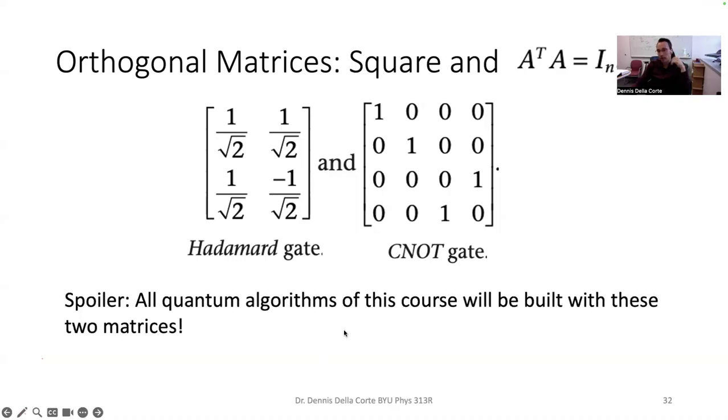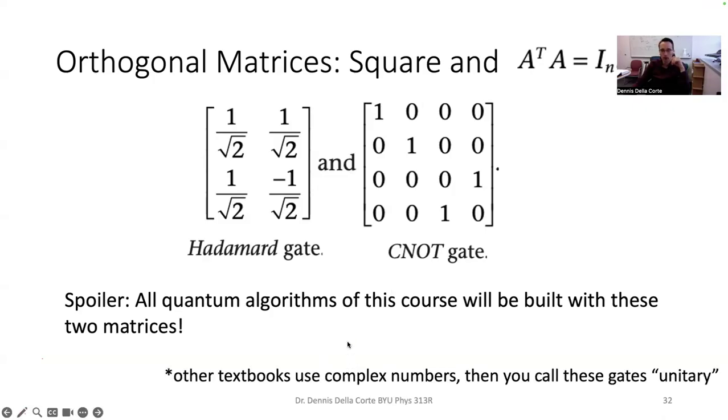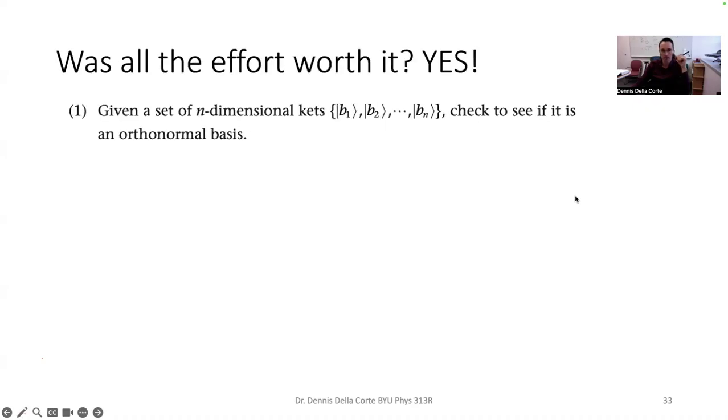We want to build algorithms, and those will be the gates we use for it. These matrices are called orthogonal for us because we're just looking at the real part of complex numbers. If you actually use the whole complex numbers with imaginary part, you would call these unitary matrices. But let's not worry about it, just so you have heard the word once.